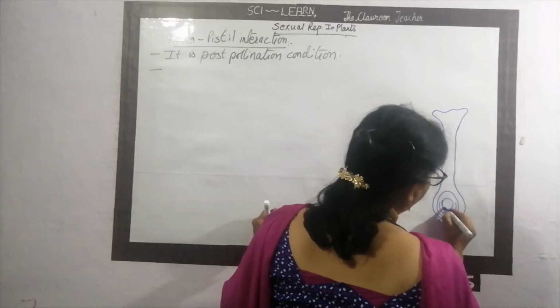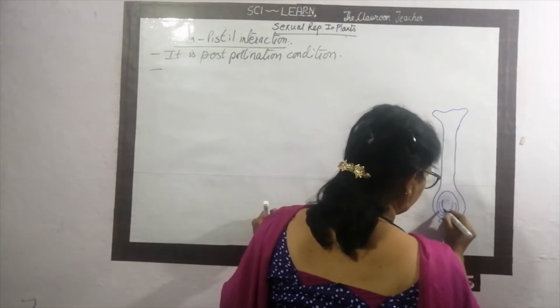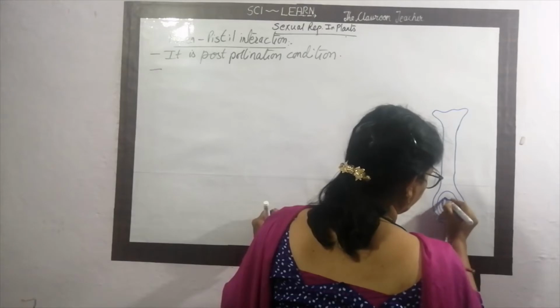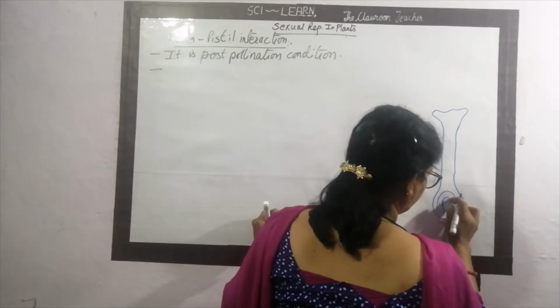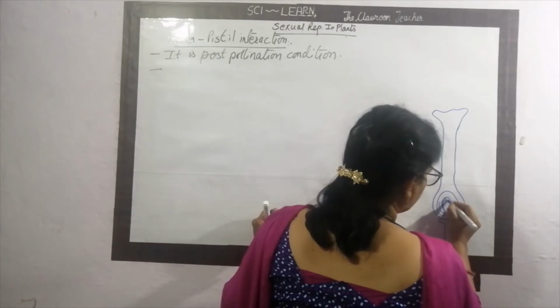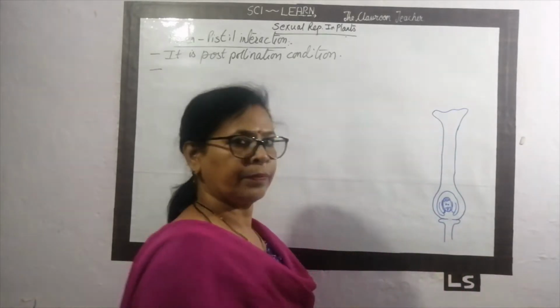This is the micropyle. Three cells are present here: two polar nuclei here, two synergids, and the egg here.